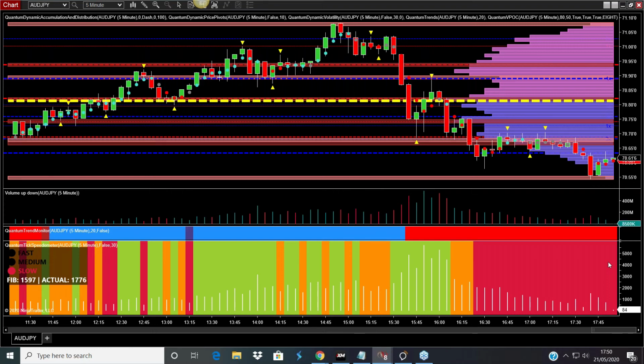If you're in a trade, especially if you're an intraday trader, your risk increases the longer you stay in that trade, because the objective is to get in, make your pips, and then get out, because the chances of something coming in and unexpectedly hitting that trade increase. So what this indicator does is, it doesn't mean you can't trade, it doesn't mean you can't take the signals if the analysis is good and everything else is good. It just means that this trade is going to take a lot longer to develop.